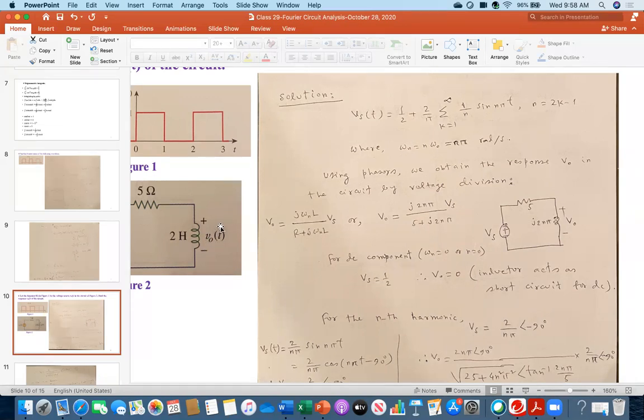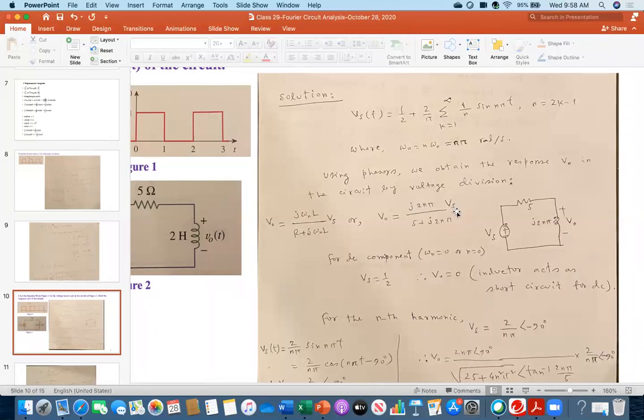Definitely there are other frequency terms, so that's why there is n here. Now, everybody see, this is your result: V naught is this, multiplied by Vs. So this is fine, you can do that.